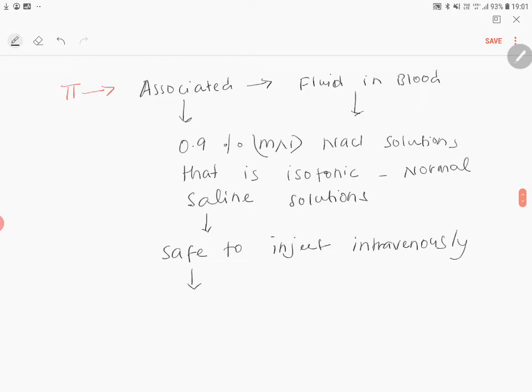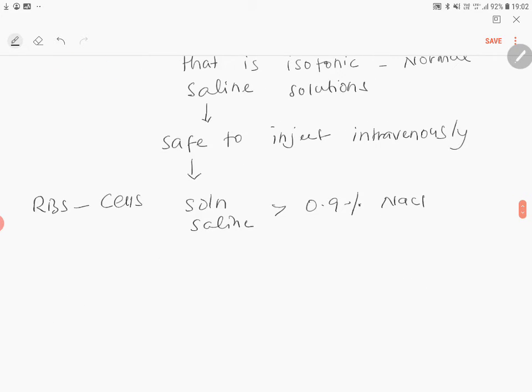Supposing the cells, that is your RBCs, receive a saline solution which is more than 0.9 percentage weight by volume of sodium chloride, then what will happen?